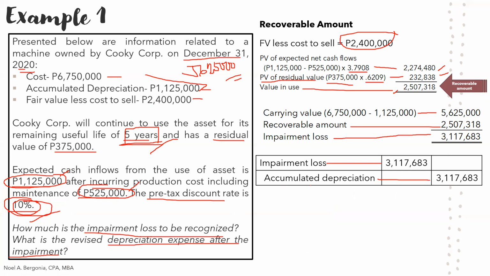Okay, so the next question was the revised depreciation after this impairment. So it's referring actually to the December 31, 2021 na depreciation expense. So just like what we did in our previous na mga discussions, it's now based on the new amount. The new carrying value is our recoverable amount of 2,507,318.